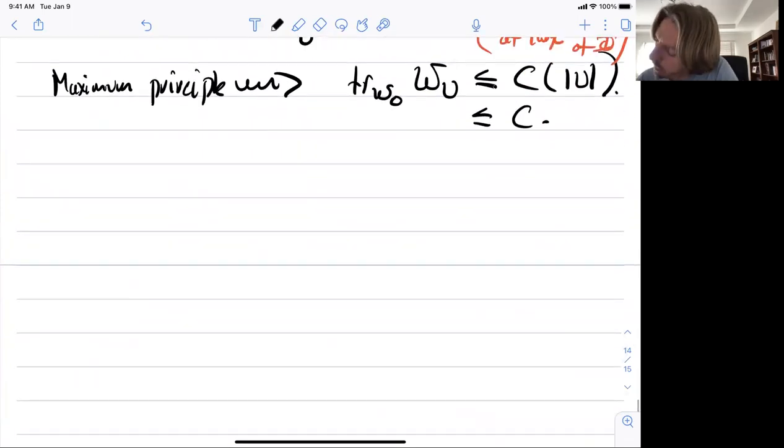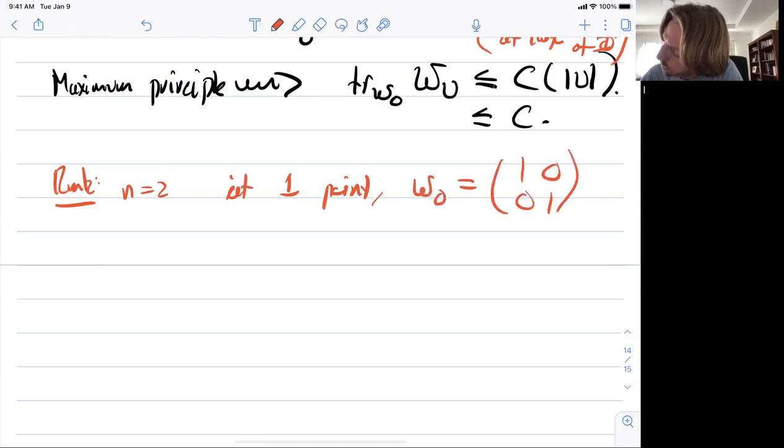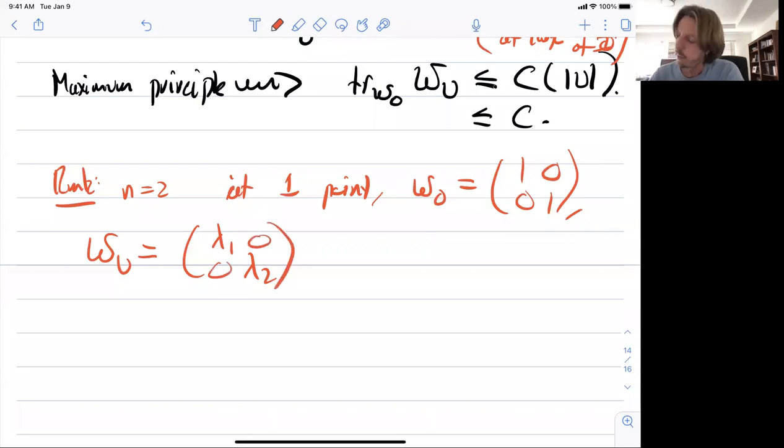Maybe to answer your other question, a very quick remark. When n equals 2, at one point you can think omega naught is the identity, and omega u is diag(lambda 1, lambda 2).